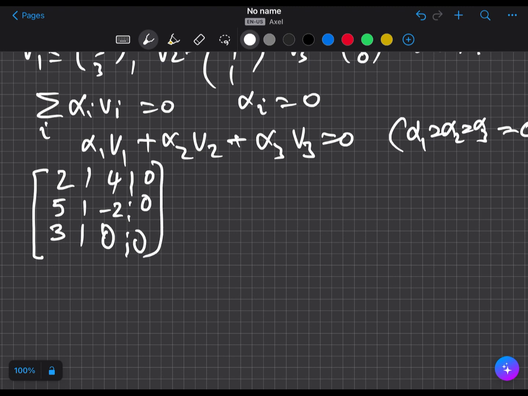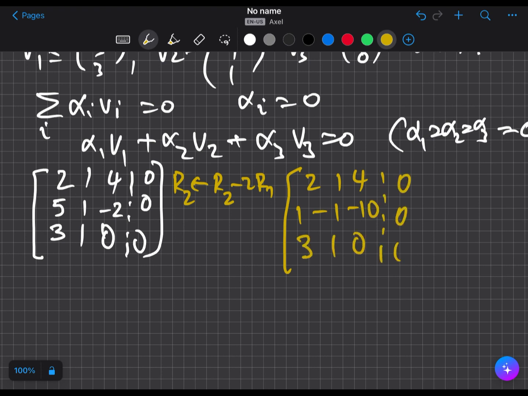The first thing I will do over here will be R2 equal to R2 minus 2R1, which leads to 2, 1, 4, and then 1, -1, -10, 3, 1, 0, augmented with 0, 0, 0.